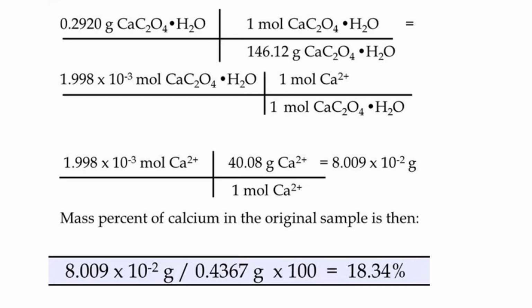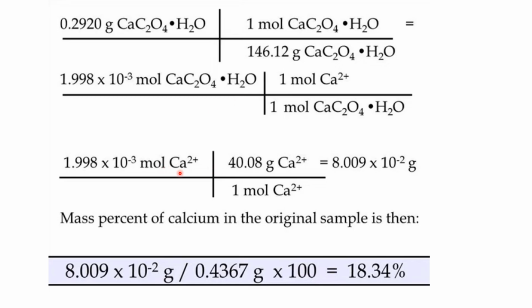Okay, so these are the factors. Ito yung mass of calcium oxalate. Take note, this is the factor that was used to convert grams of calcium oxalate to mole of calcium oxalate. Next is the factor that converts a mole of calcium oxalate to mole of calcium ion. So it's 1:1, so your factor here is 1.